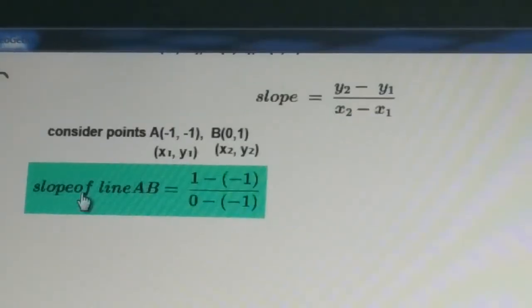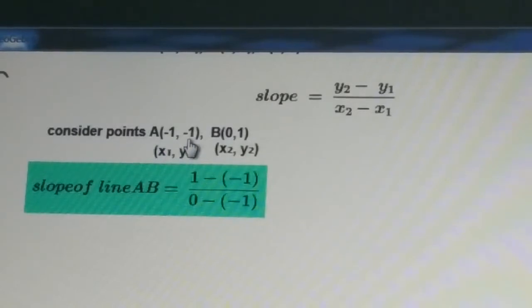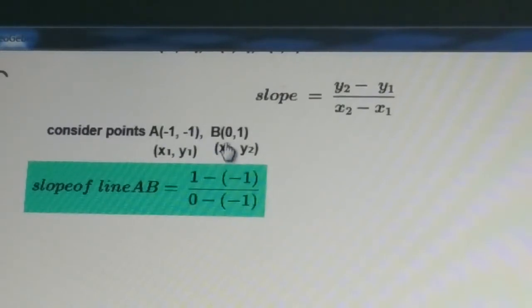To find the slope of line AB, consider two points A and B having coordinates (-1, -1) and (0, 1). Let us assume that coordinates of A are x1, y1 and coordinates of B are x2, y2. So our x1 is -1, y1 is -1, x2 is 0 and y2 is 1.